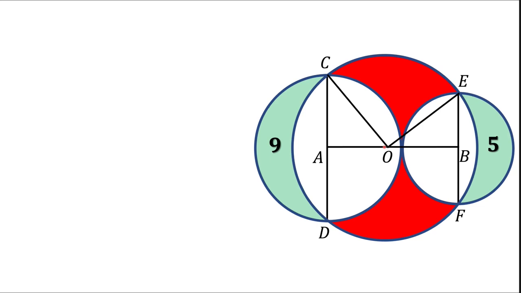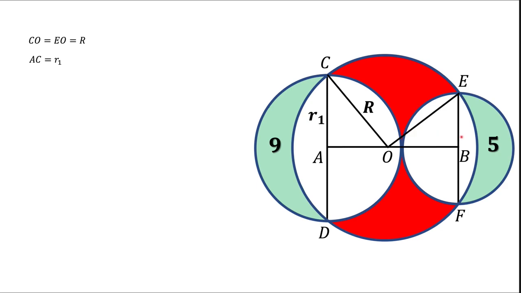The next thing we're going to do is to denote CO and EO with big letter R. That's the radius of the big circle. Now the side AC is the radius of the left circle. We're going to denote R1.